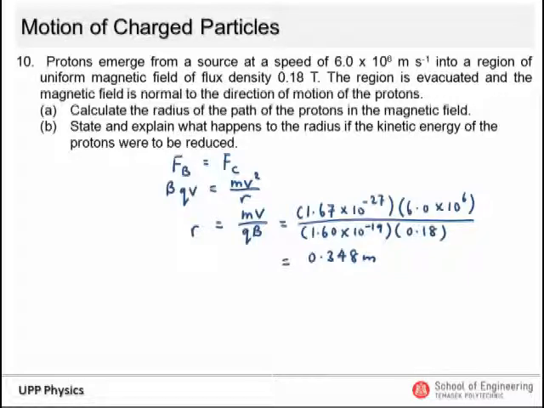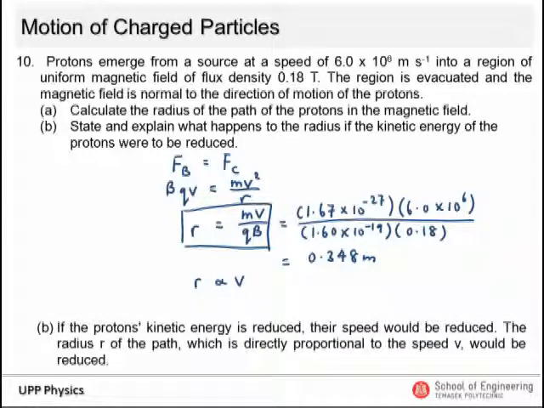I hope you can see that the radius is proportional to the velocity of the protons, from this equation on top. So, if the protons' kinetic energy is reduced, their speed will be reduced.